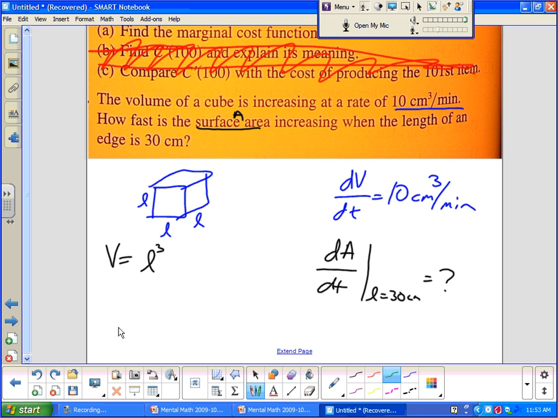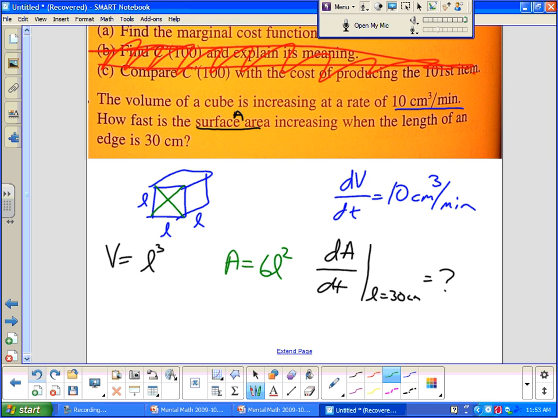There are 6 surfaces. Does everybody agree that the area of one surface is L squared? And if you're not sure, you'd have to draw it out as a net, I suppose, which would take a lot of time. I'm not going to bother doing that. I'm almost done, guys. Area equals 6L squared.